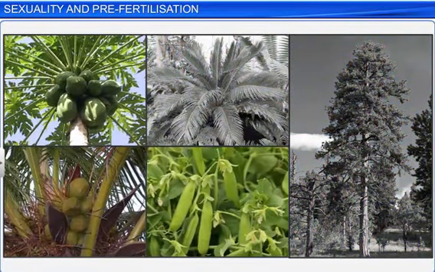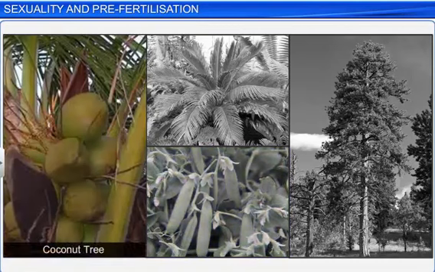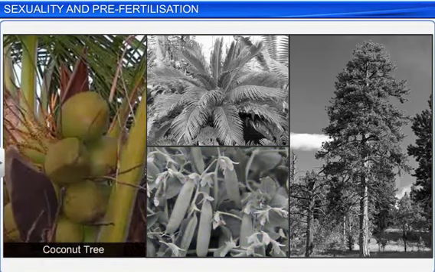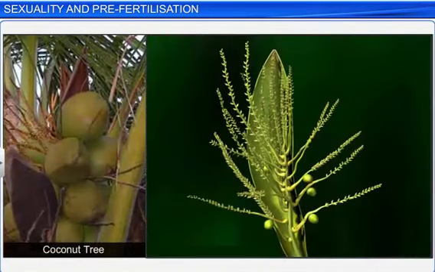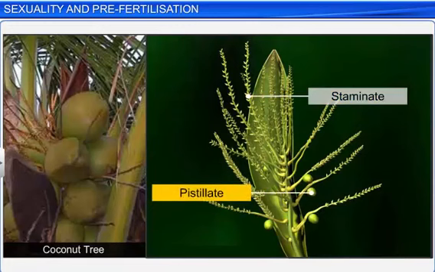Angiosperms too comprise a variety of monoecious and dioecious plants. For instance, the coconut tree is considered a monoecious plant, where a single tree bears the staminate, the stamen-bearing unisexual male flower, and the pistillate, the female flower bearing the pistils.